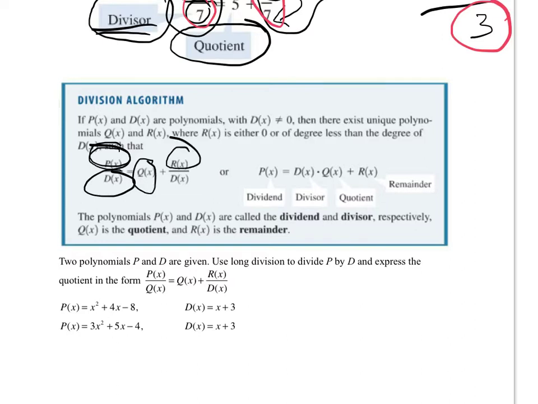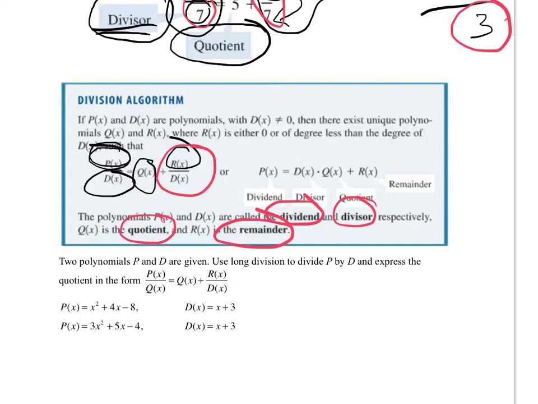So it's the same idea, it's just that now instead of dealing with numbers, we're dealing with polynomial functions. So the names of the parts of the division problem are the same. We still have a dividend, a divisor, and we still have a quotient, and we still have the remainder. And we write the remainder over the divisor in fraction form like that.